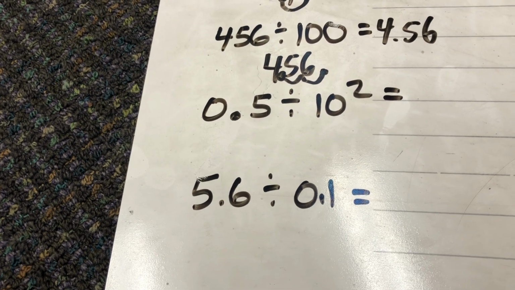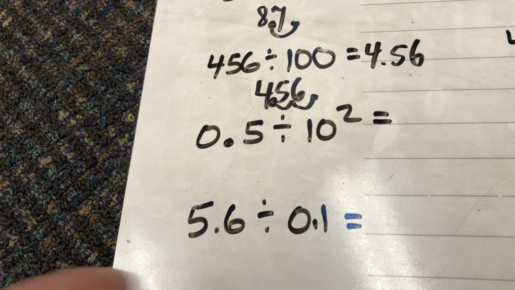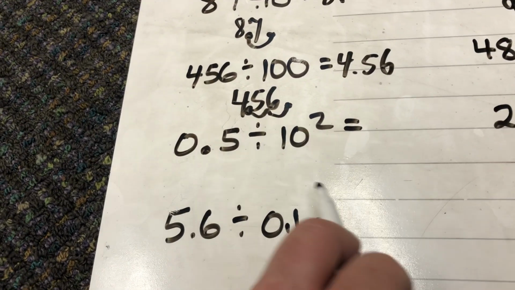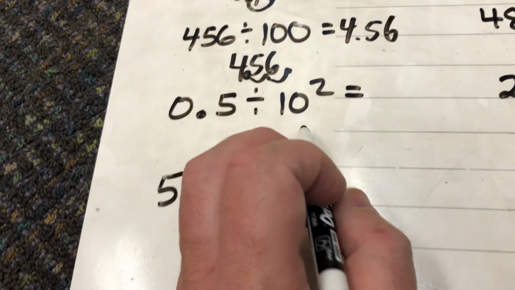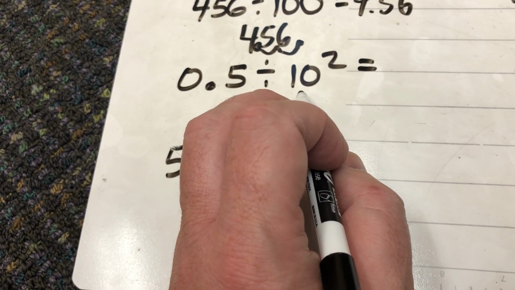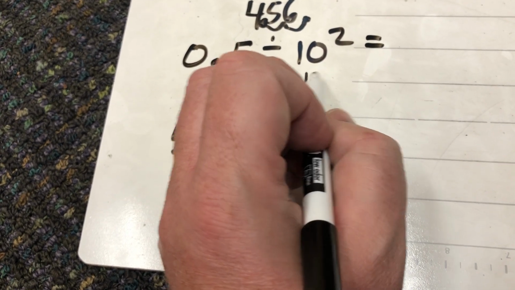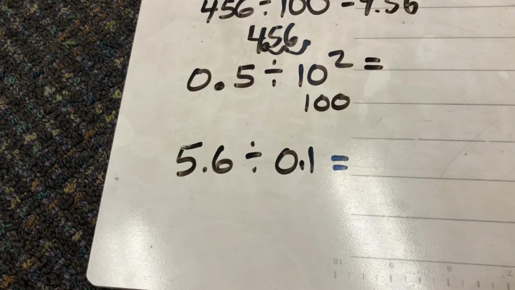5/10 divided by 10 to the power of 2. All right, well, we want to remember, first of all, what 10 to the power of 2 is. That is a 1 with two zeros after it. So I'm going to put a 1 with two zeros, so it's dividing by 100.